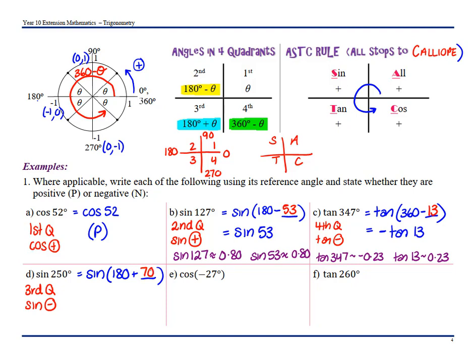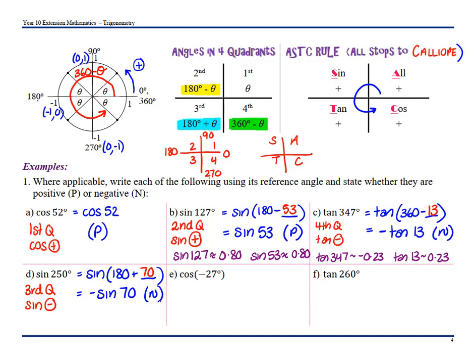That's 70 degrees. Sine is negative in our third quadrant, so it's negative sine of 70. One thing I realized I haven't been doing is writing whether they're positive or negative. So that one was positive, that one's negative. This one's going to be negative.